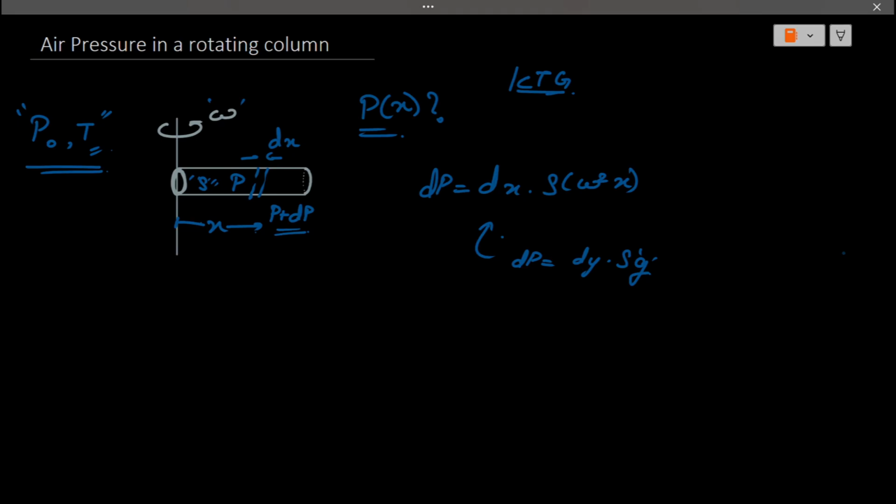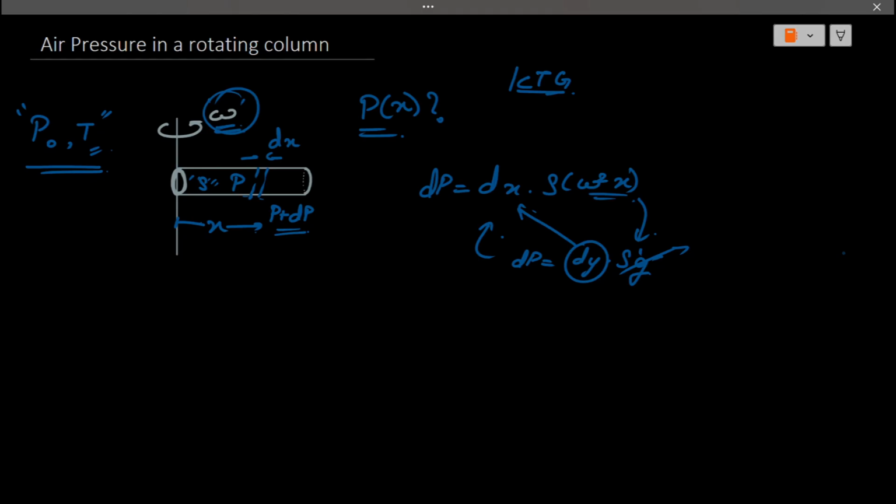Here the effective gravity is nothing but the centripetal acceleration provided by the angular velocity omega. We don't have g as gravity; we have centripetal acceleration as the only acceleration, rho is the density of air, and dy in our scenario is just dx. So we know that the pressure is varying this way.